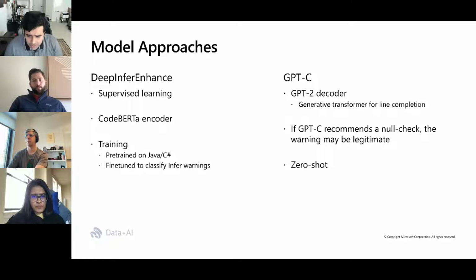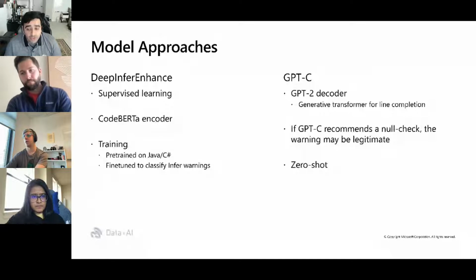The way we use this model is to feed it a snippet of code prior to where a warning is reported by Infer, and use the model's output recommendations as a signal of whether or not the warning is legitimate. So for example, if Infer reports a null dereference warning, we would give it the code prior to that warning and look at whether the model recommends some sort of null check.